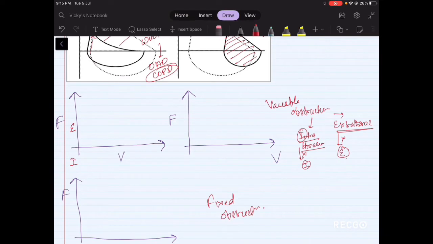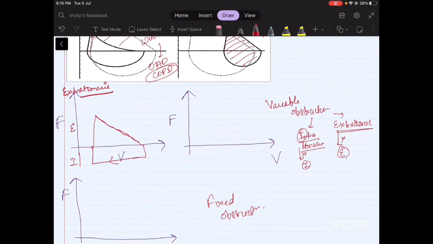right? So for example, if I have to make here an extrathoracic variable obstruction, there will be a problem in inspiration, right? So you have to see that wherever there is a problem, that area will become square shaped, right? So there is a problem in inspiration in extrathoracic obstruction, so the inspiration curve will become square shaped, and the expiration will be just like normal.